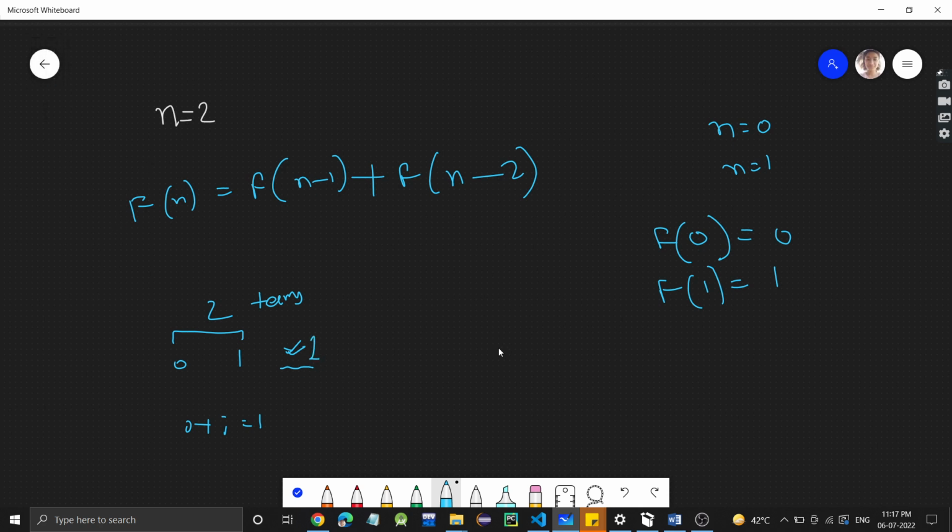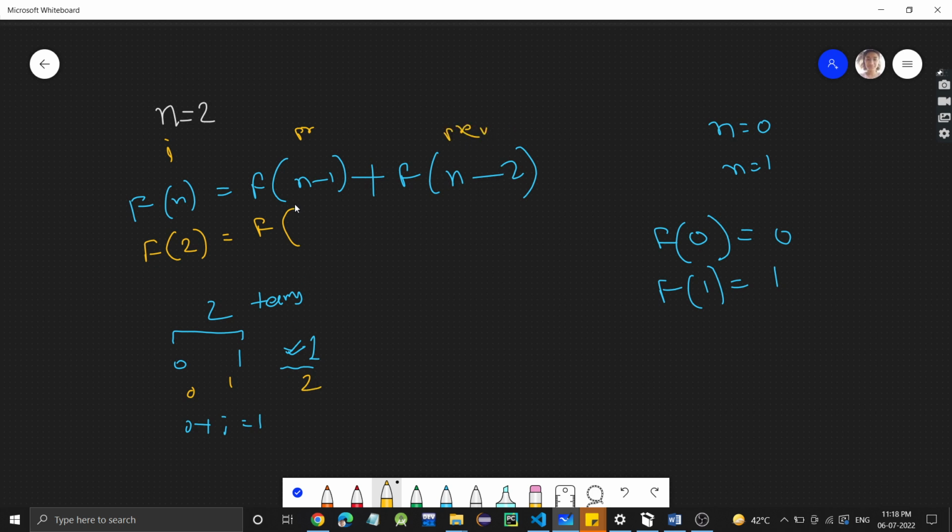So using this formula, what it will be? Let's say we have to find f of 2, right? N is equal to 2, 0, 1, 2. So it will be f of just the previous one. If this is the current one, this is the previous and this is previous to previous, like the second previous, okay?